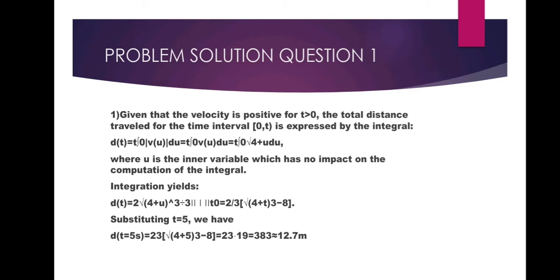Then substituting t equals to 5, we have 2 over 3 times (square root of 4 plus 5) power of 3 minus 8, which gives 2 over 3 multiplied by 19, so the answer for this question is 12.7 meter.